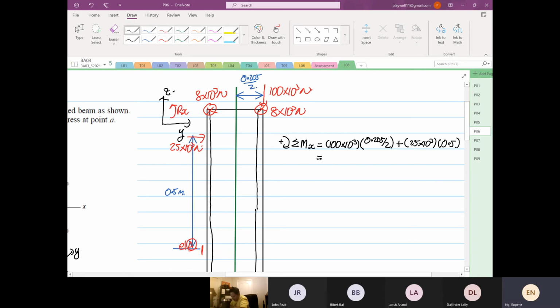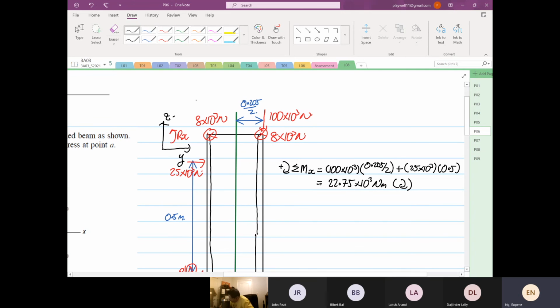Okay, so this will be equal to 100 times 10 to the power 3 times 0.205 divided by 2 plus the 25 times 10 to the power 3 times 0.5, which is equal to 22.75 times 10 to the power 3 Newton meter, and in this direction.